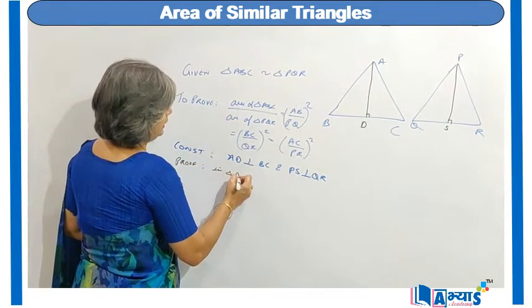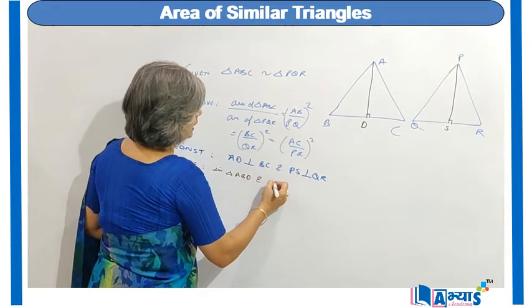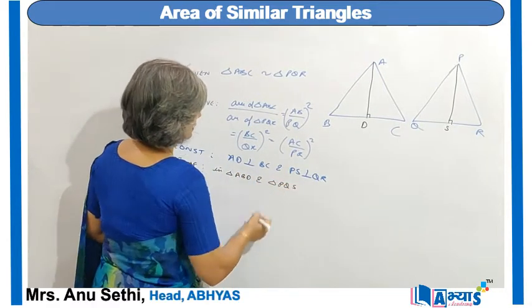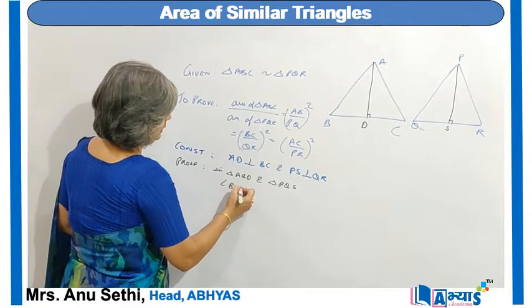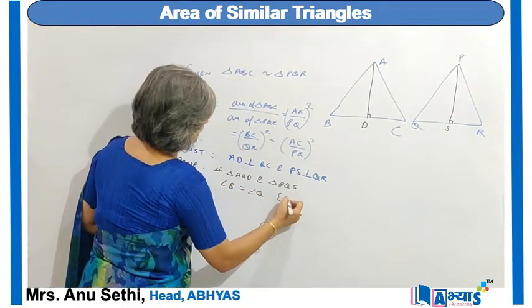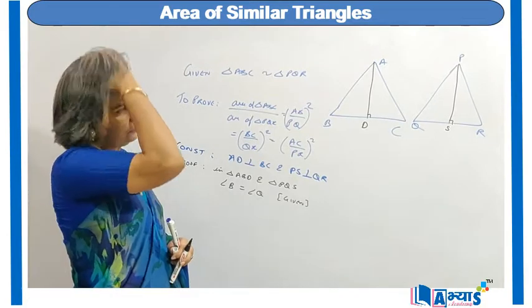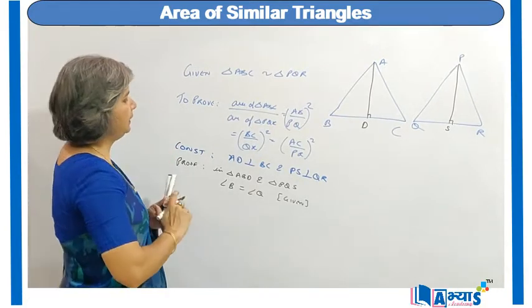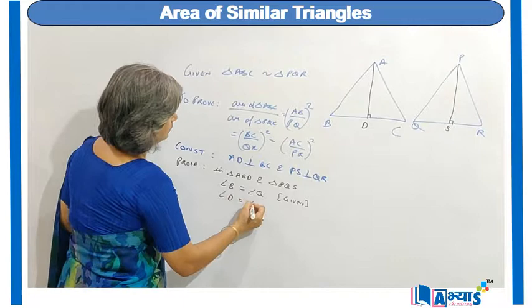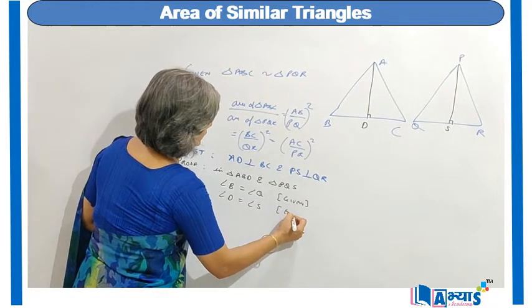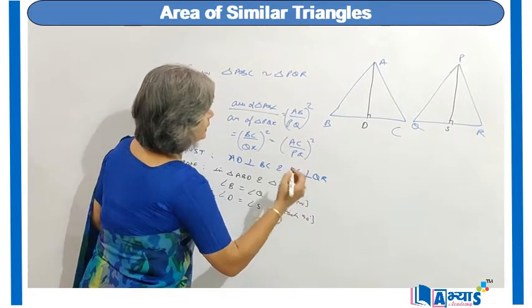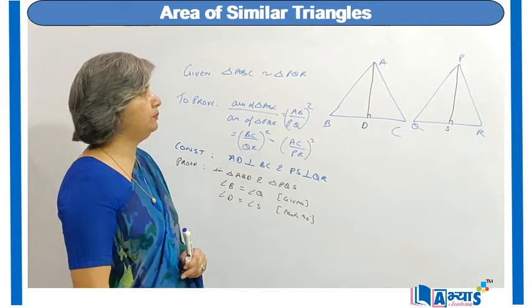In triangle ABD and triangle PQS, angle B is equal to angle Q. It has been given to us because the two triangles are similar. So angle B is equal to angle Q, and angle D is equal to angle S, each 90 degrees, because AD and PS are perpendicular to BC and QR.